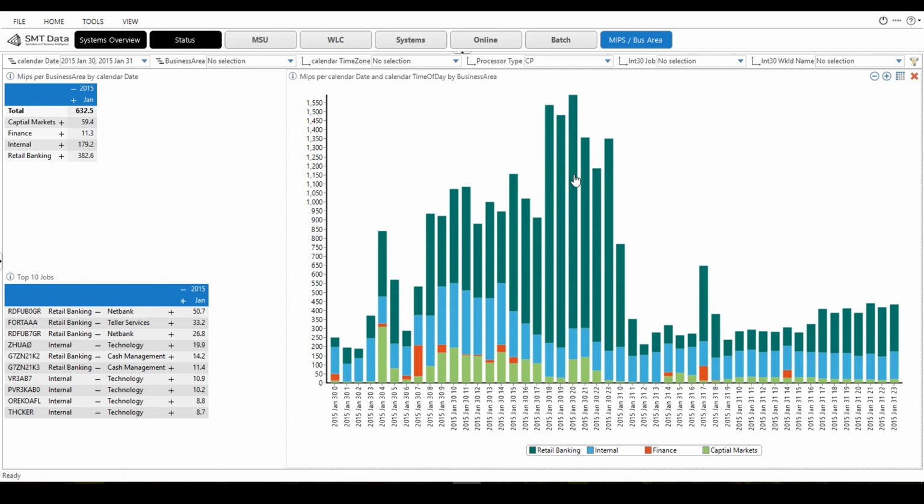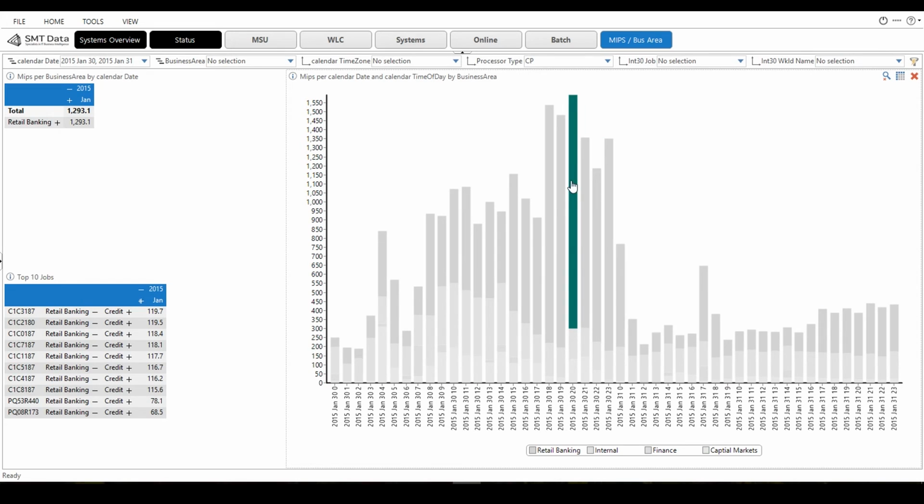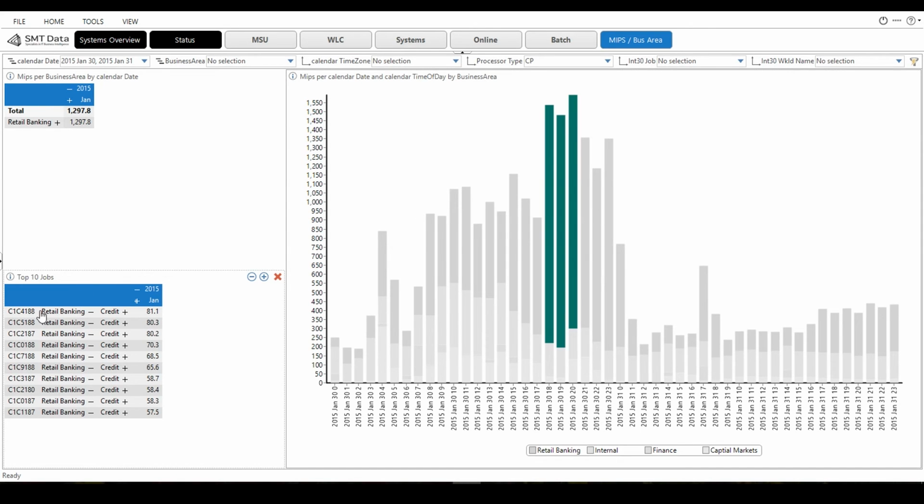And of course, what's really interesting is to dig into the hours right around the peak that are contributing to our 4-hour rolling average MSU peak here. So let's just zoom in on those hours, and we see, as we saw before, it's these C1C jobs that are contributing to the peak.